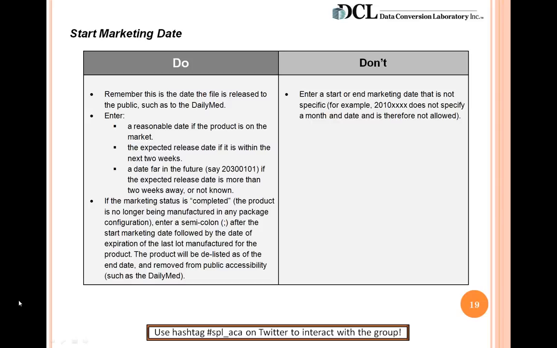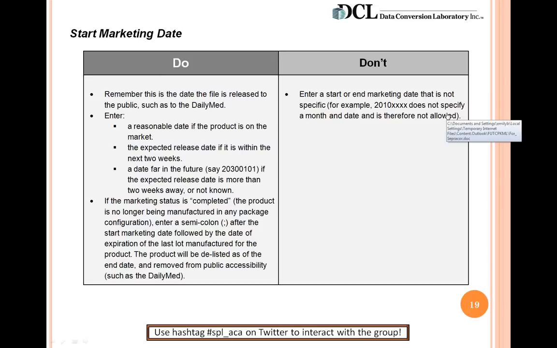And to enter the end marketing date, this last item tells you how to do it using our spreadsheet, but the point is, if you say the marketing status is completed, you must include an end marketing date, and once the end marketing date is reached, the product will be pulled from public accessibility, such as the Daily Med.